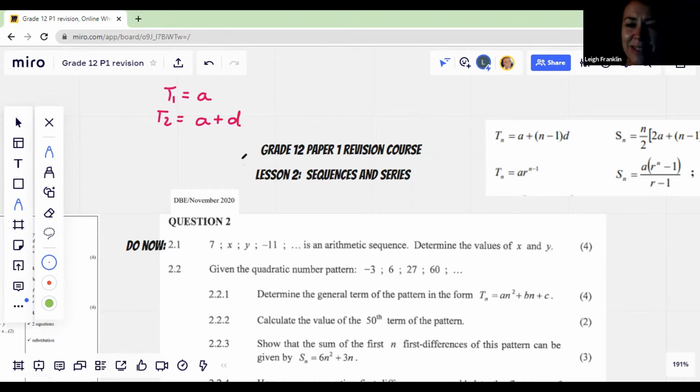Do you remember this? Unfortunately, Neopatsing, even though that's true, you can't solve for 2 unknowns in one equation. So you're 100% right, but it's not going to help you here. Do you remember T2 can be A plus D? And term 3 can be written as A plus 2 differences. Do you remember your teachers teaching you that?